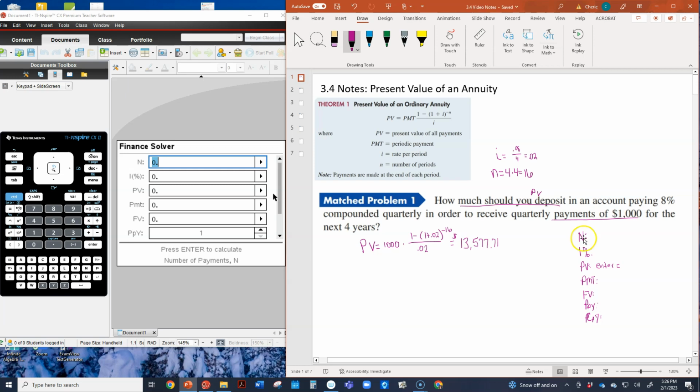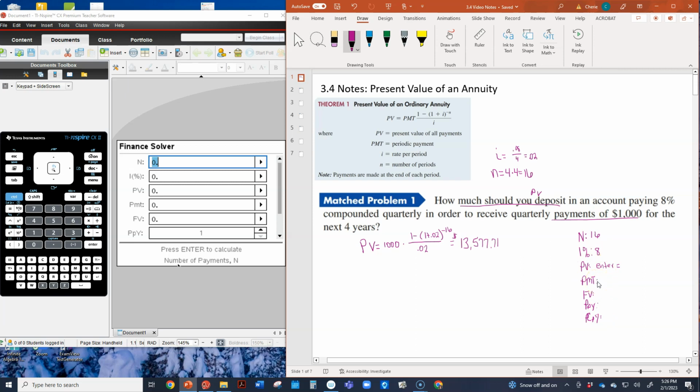We calculated up here that there are 16 periods, and it is 8%. This is where it's a little bit different because of payments per year and compounds per year. We can put in the whole 8% right here. We don't have to do this calculation because it's going to do it for us. This is what we're going to try to figure out.